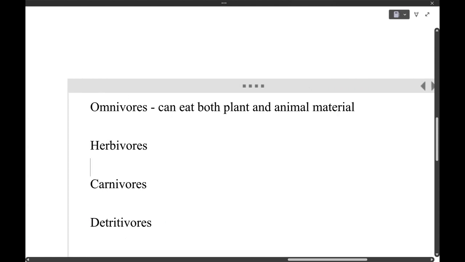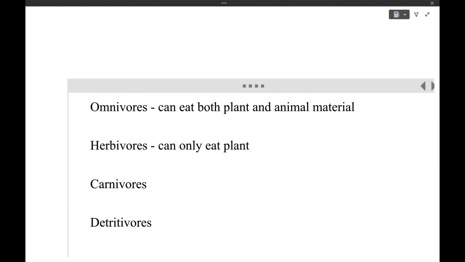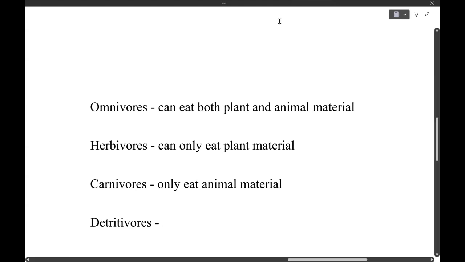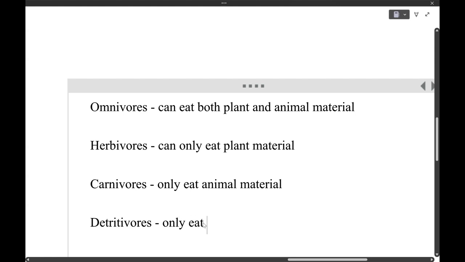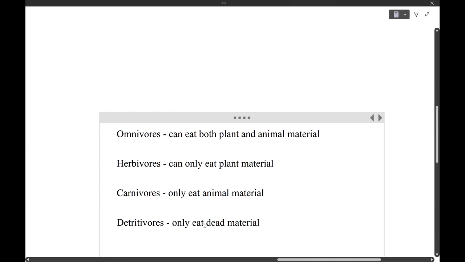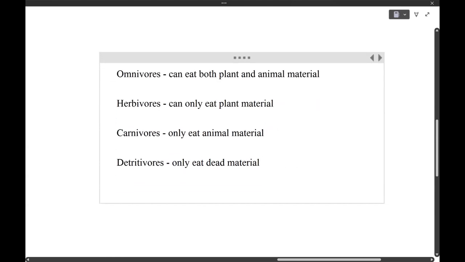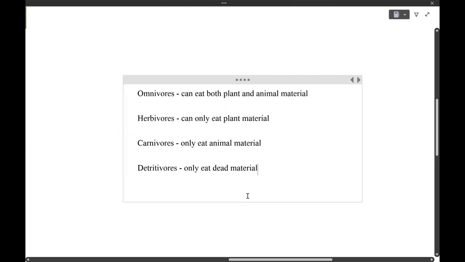Herbivores can only eat plant material, only plants. Carnivores only eat animal material. And detritivores eat what is already dead. You can think of them as breaking down dead material, and detritivores typically release some of these nutrients back into the soil.